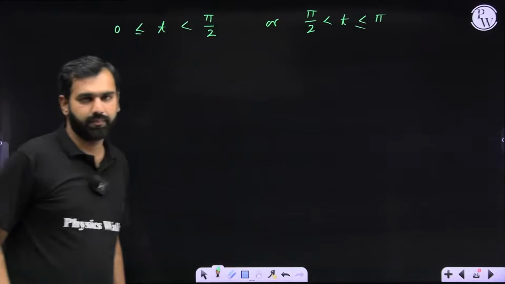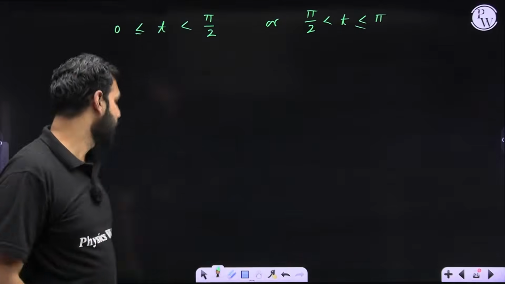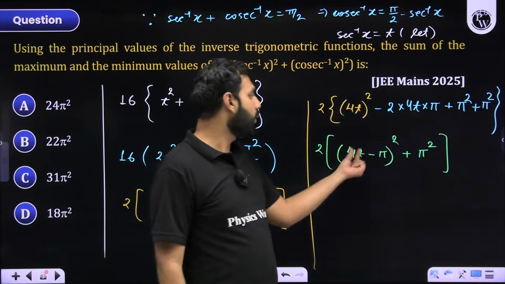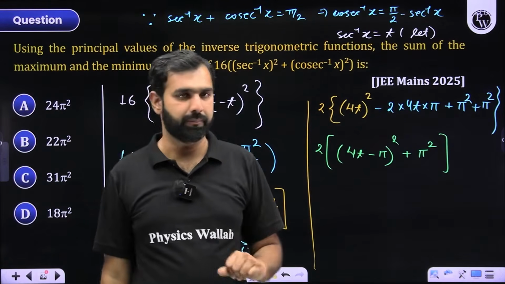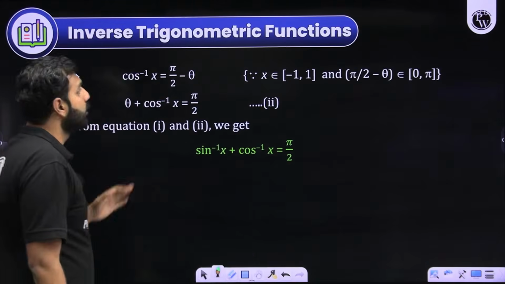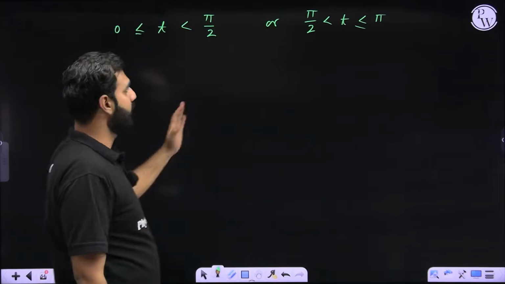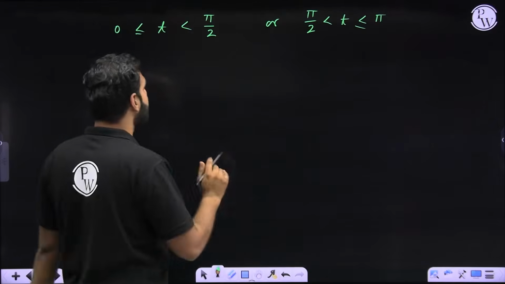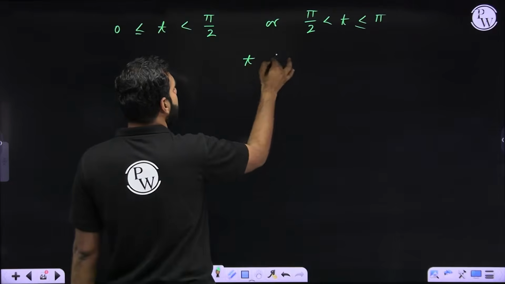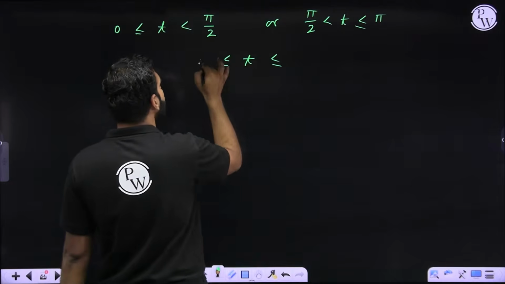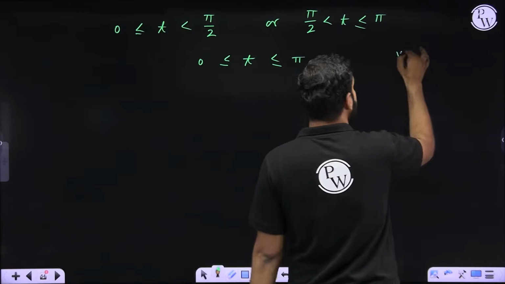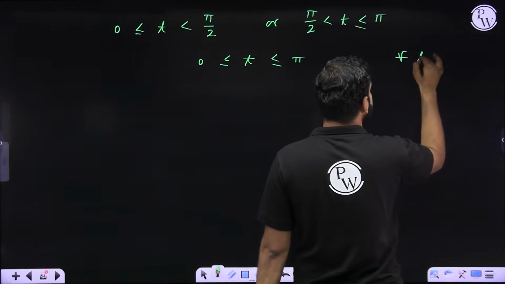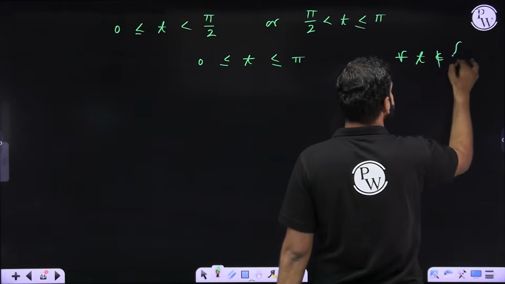Did you get that? Now, why did I do that? Or why am I saying so? Because now if you look at this expression, this is 4t minus pi whole square, right? Now, let's not worry about pi by 2 for a while, and as of now, I remember that pi by 2 is not included. If I club this data, I'm writing t as lying from 0 to pi, where I am explicitly remembering that t cannot take a value which is pi by 2.